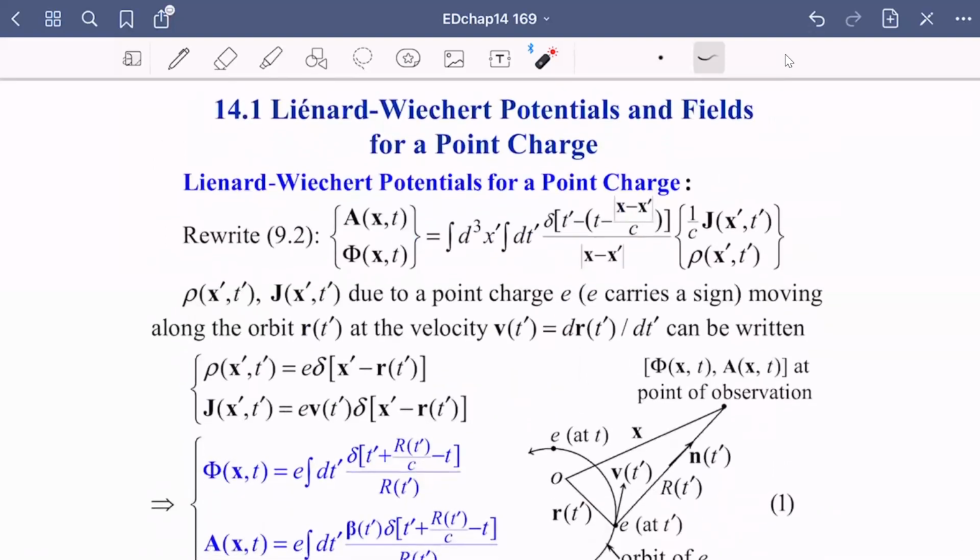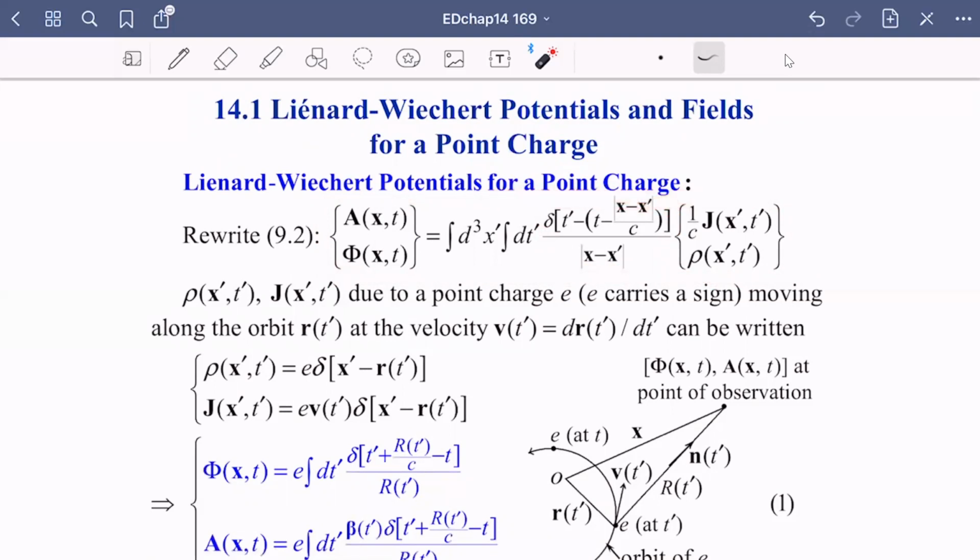And now we use a linearity chart potential and field for a point charge. What is the linearity chart potential? It's shown here. Linearity chart potential is related to this green function. And especially for a point charge.